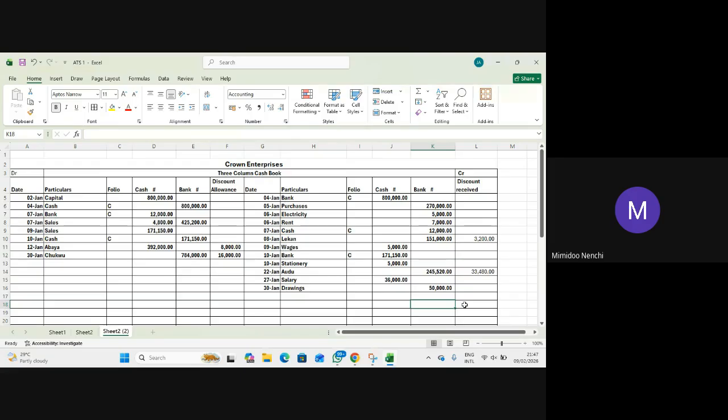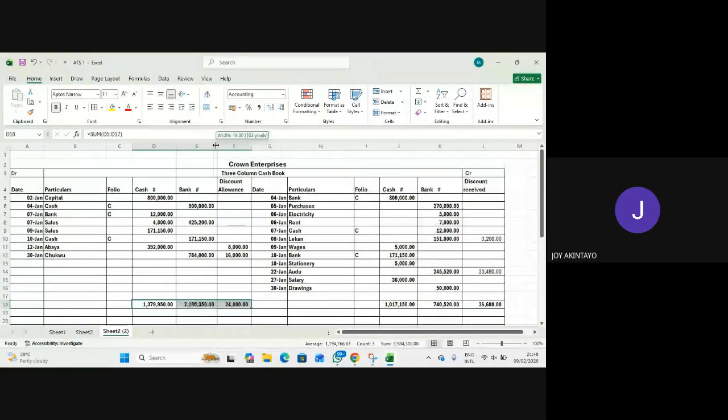So now let's do our paper. Let's add. So which side is higher and which side is lower?